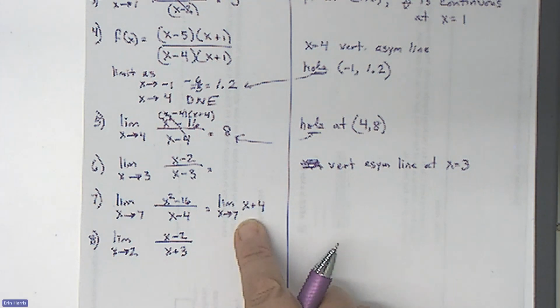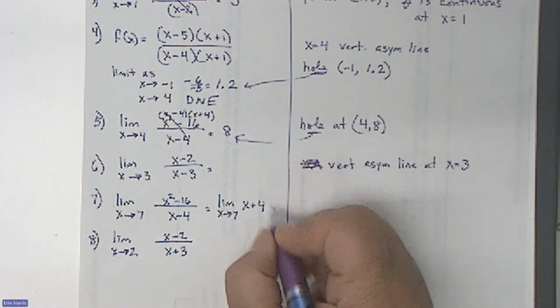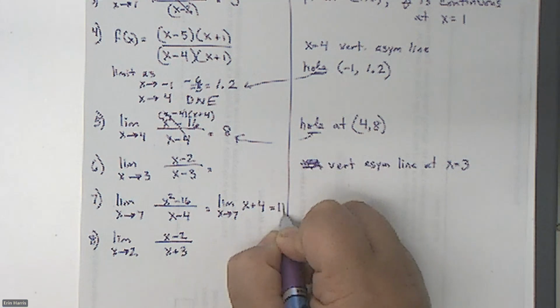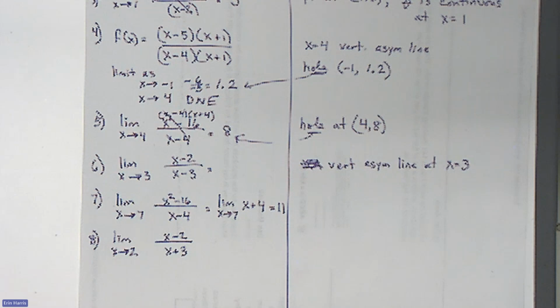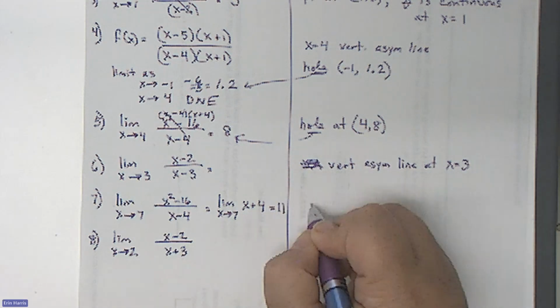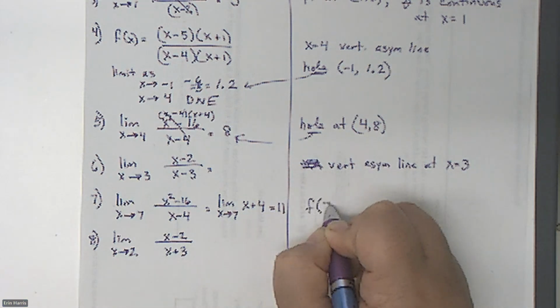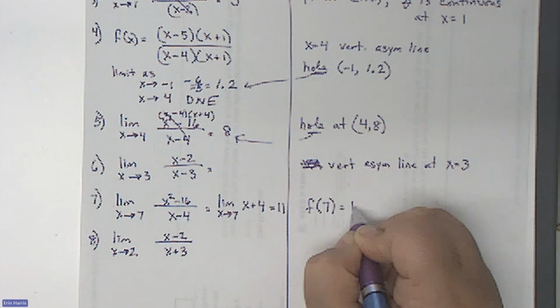Is there a hole at 7? Or is the function just continuous at 7? You think, because I get this limit to be 11. But if I asked what f of 7 was, f of 7 is 11, right?